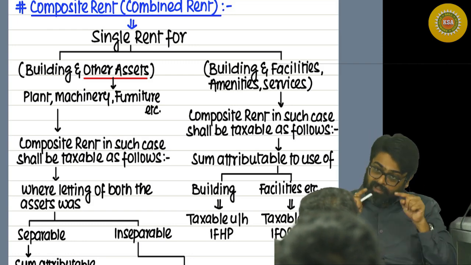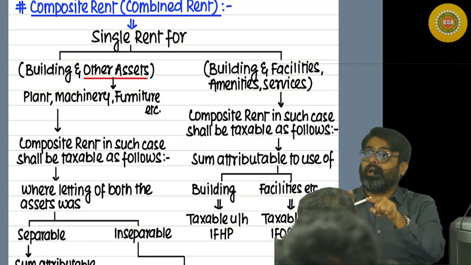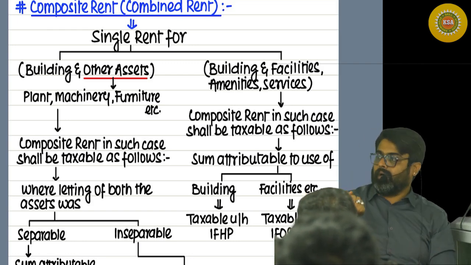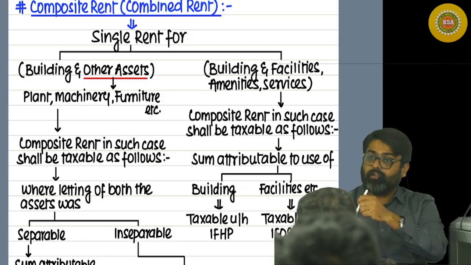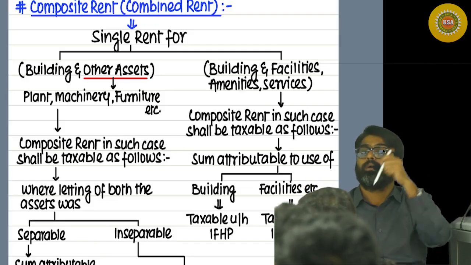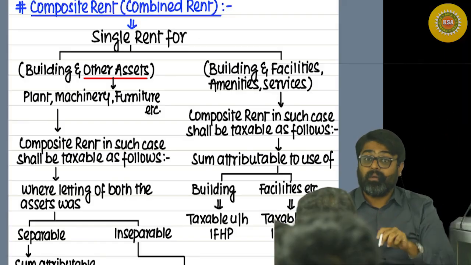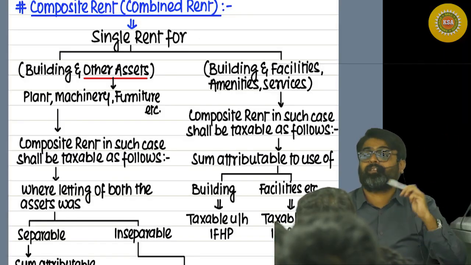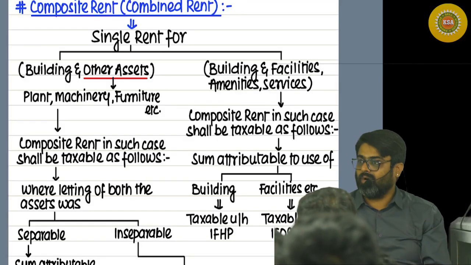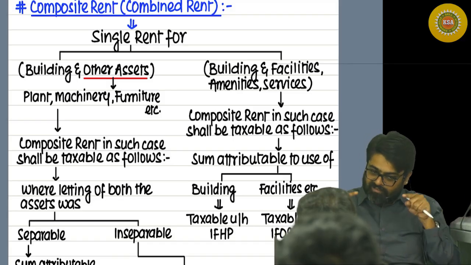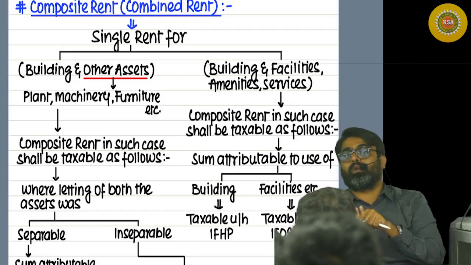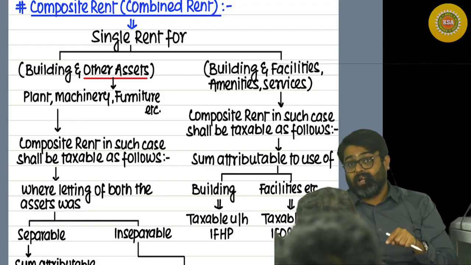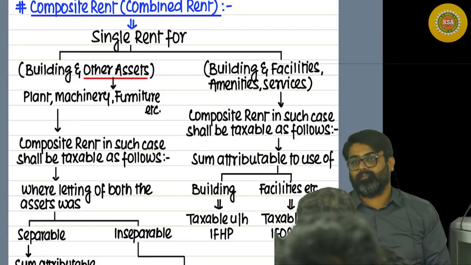And if both the assets you are letting out together, and for that you are getting one rent, that rent will include the rent of building as well as rent of other assets.